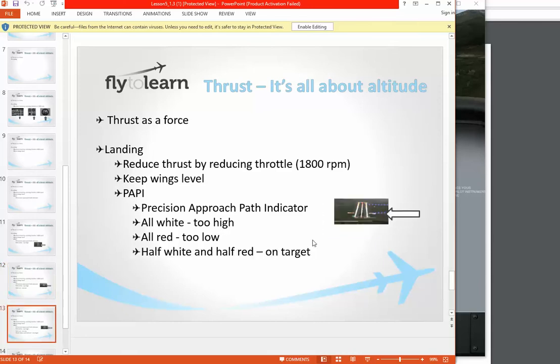What if it's half white, half red? Exactly. You stay the same. You don't do anything. You just concentrate on keeping this poppy perfect and keeping your plane coming in perfectly for the landing.